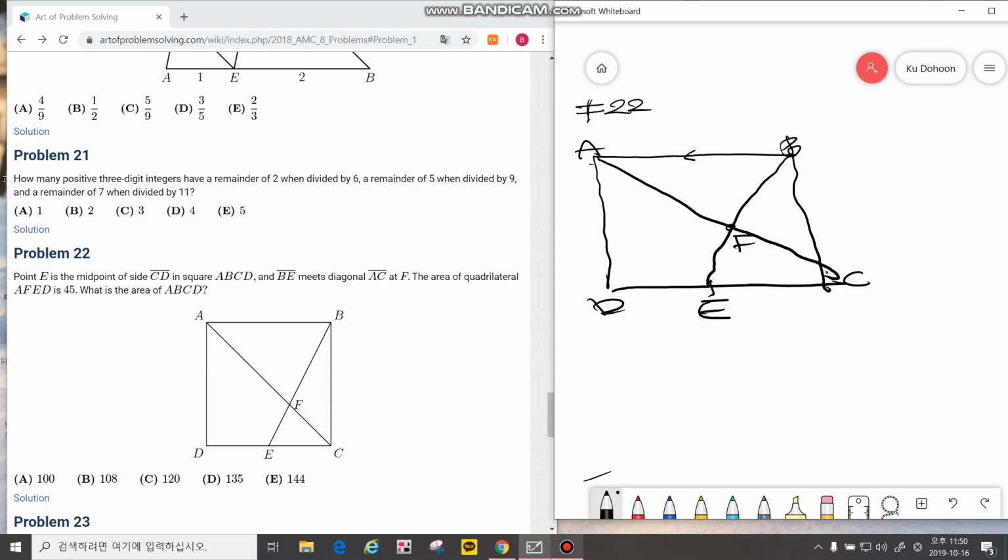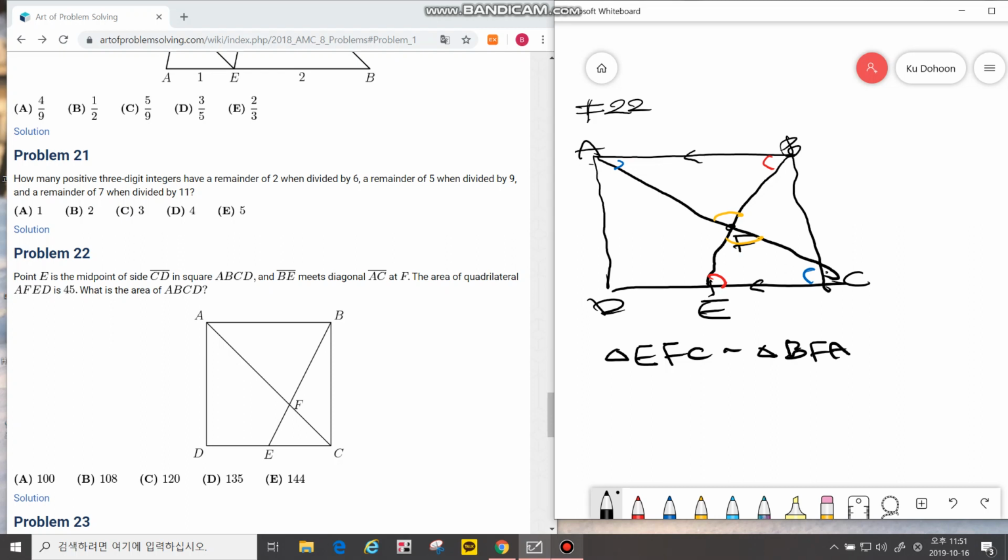And what we know is that AB and EC are parallel. Therefore, this angle and this yellow angle are equal, the red angles here and here are equal, and the blue angles are equal, right? I mean, this is not a good looking shape at all, but you see the point here, right? So what we can say is that triangle EFC is similar to triangle BFA, right?